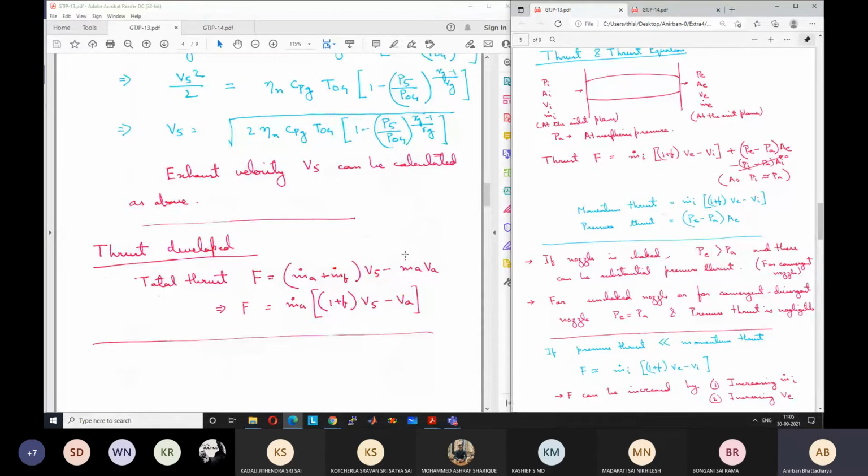So m dot a is the intake air and va is the inlet velocity of air, which is equal to the aircraft velocity. Based on this, we can calculate the thrust. To calculate the thrust, we need the exhaust velocity from the engine, which we could obtain based on the nozzle efficiency. You can go through the notes again to review.